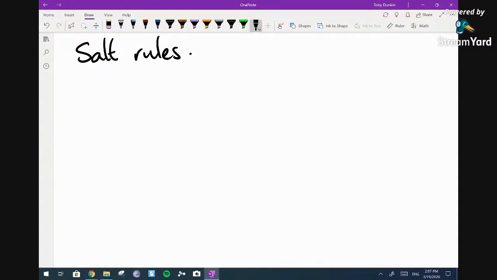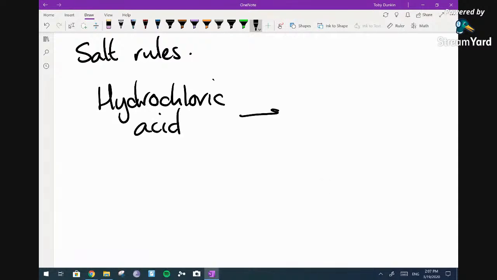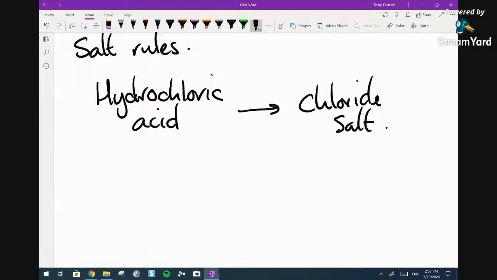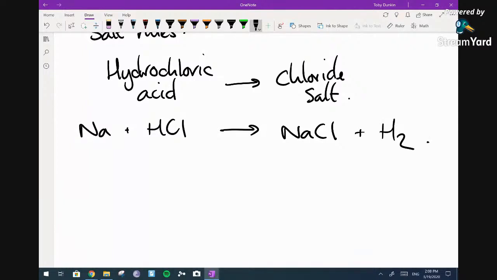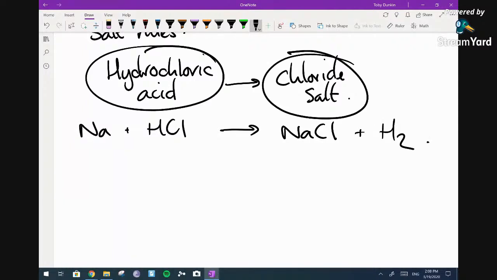If we use hydrochloric acid, I am going to make a chloride salt. And I now need to give you an example of this. So if I used sodium metal plus hydrochloric acid, I'm going to make sodium chloride and hydrogen. The hydrochloric acid decides the salt.